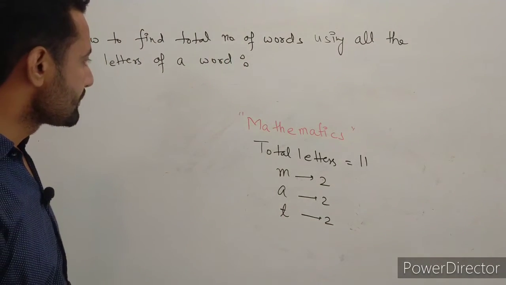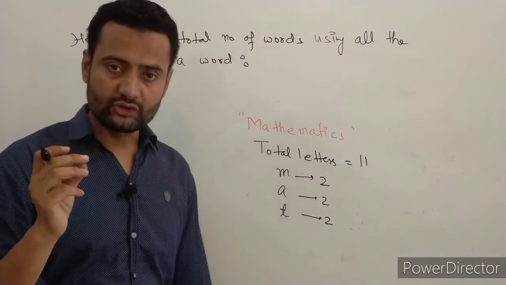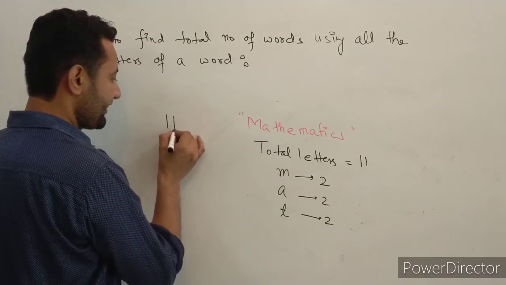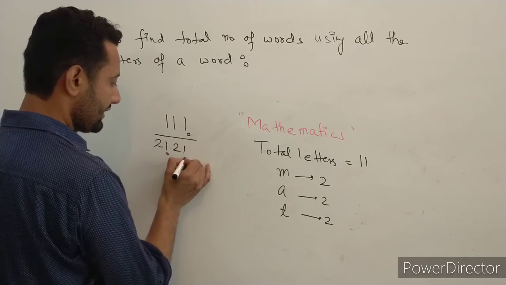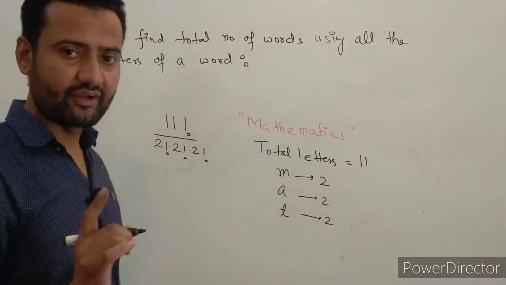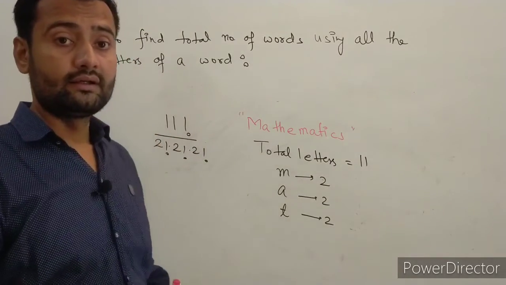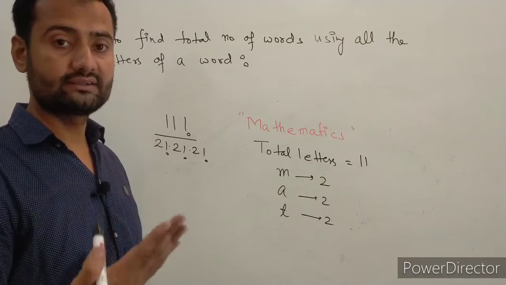Any other repeated? No. So the total number of words using all the letters of the word mathematics will be 11 factorial divided by 2 factorial, 2 factorial, 2 factorial. It is difficult to calculate because 11 factorial is a big quantity, 11 into 10 into 9, 8 and so on.